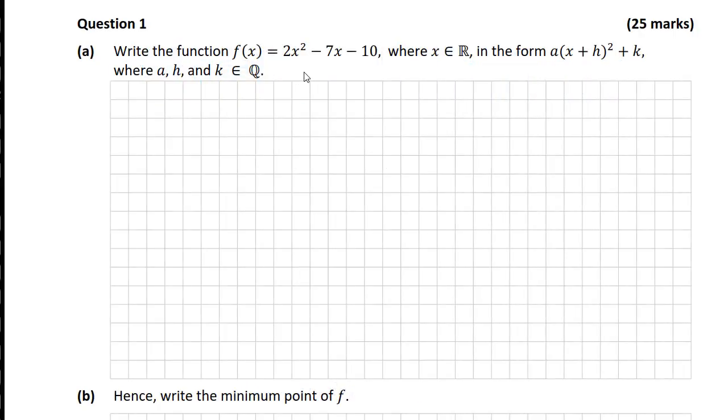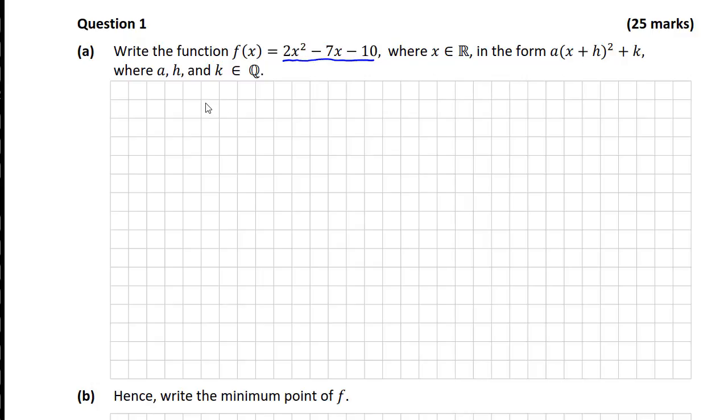So, question 1, part A, we are asked to write the function given in this form. This is quite a nice question to start an exam paper. We are told f of x has this form up here.